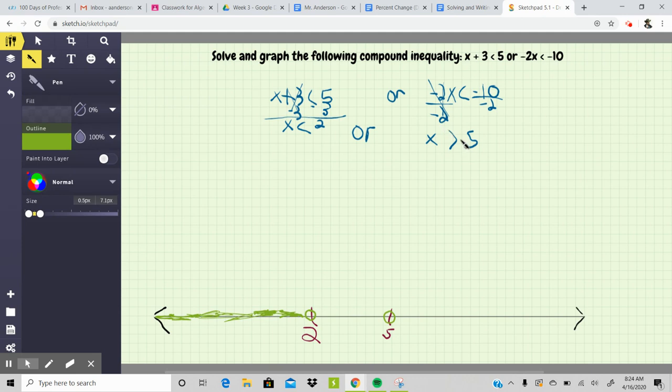And it says x is everything greater than 5. So I'm just going to shade in everything to the right of it. There we go. And that is my solution to my compound inequality. So really you're just solving two inequalities, if that makes sense. All right.